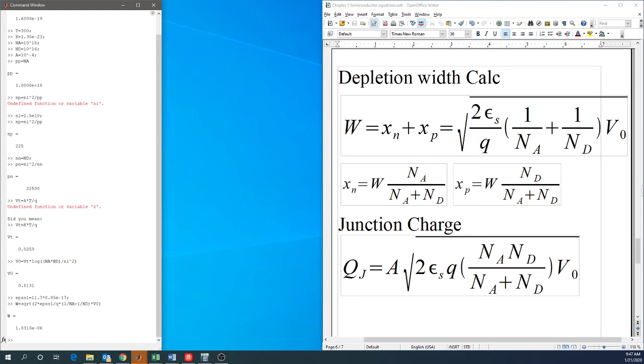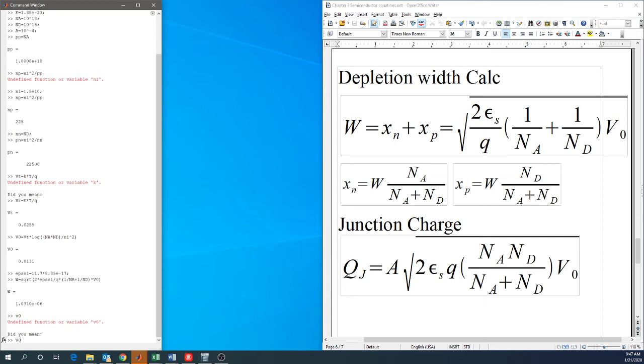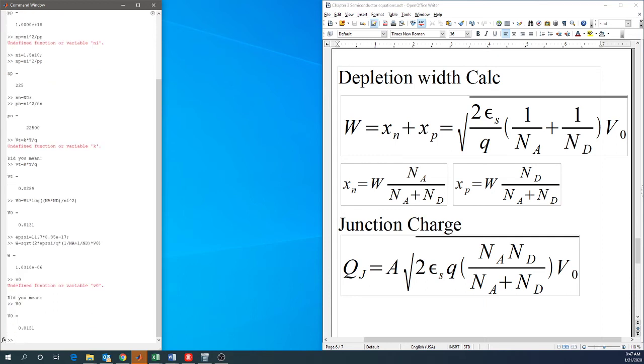And this gives us that the width is about 1 micron. Does that sound right? Well, the book disagrees with me, so I have something wrong in my equation. 2 epsilon, and I don't see a particular issue with what I've got. Let me see. V0 is the only thing. Yeah, that one looks good.